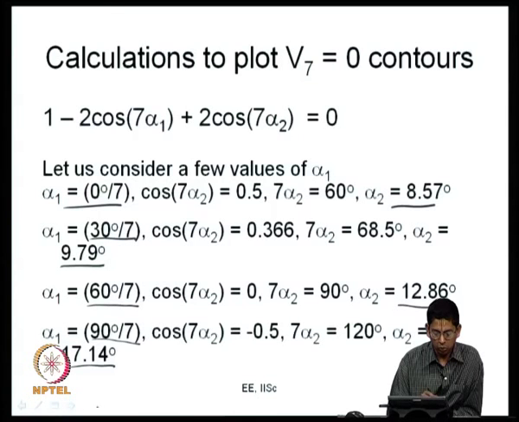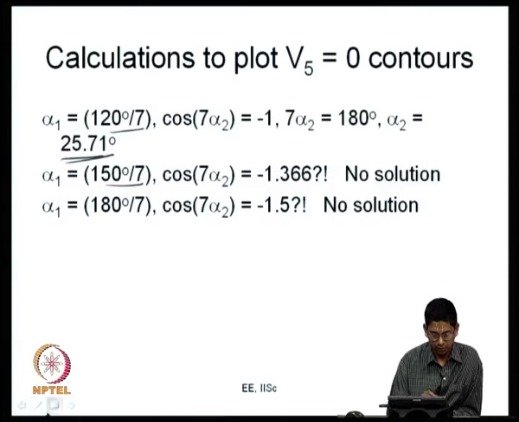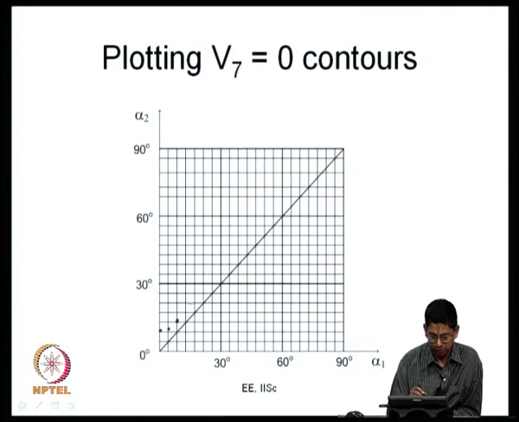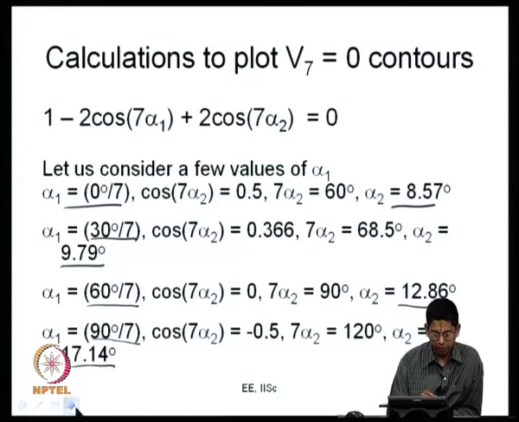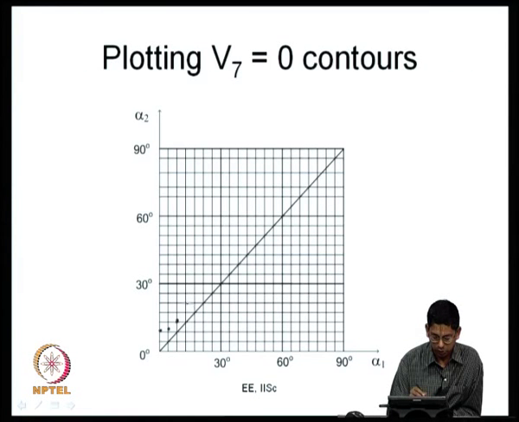If I go to 90 by 7, which is roughly 13 degrees, alpha 2 is 17.4 degrees. So, it is somewhere like that.